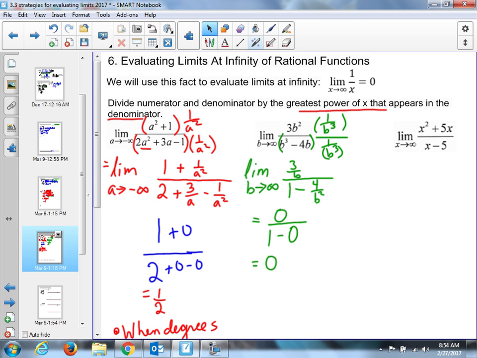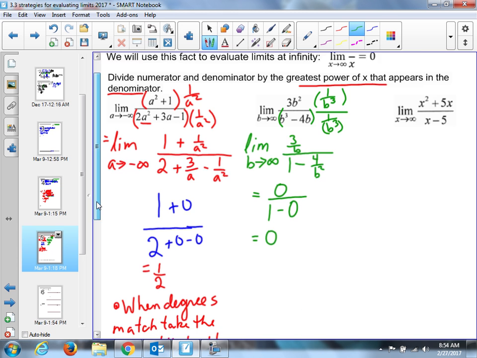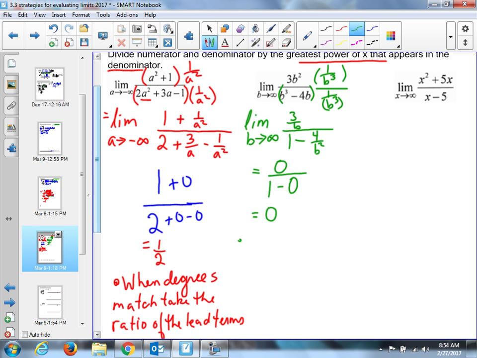Okay. We'll try the last one. Switch colors. Going back to this: if the degree on the bottom, the denominator, is largest, so the denominator's degree is largest, that means, I guess that's an arrow more like a dash, not a limit kind of arrow.